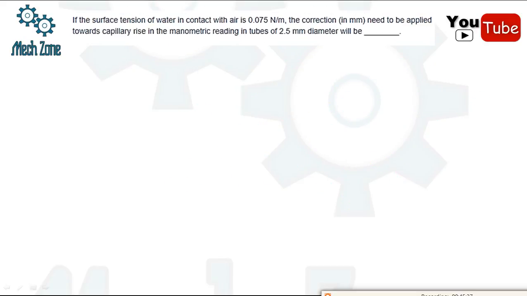Now this particular question is on capillary rise. If the surface tension of water has been given, the correction needed to be applied towards the capillary rise in the manometric tubes of 2 mm diameter. We know that h is equal to 4 sigma cos theta upon rho g d.